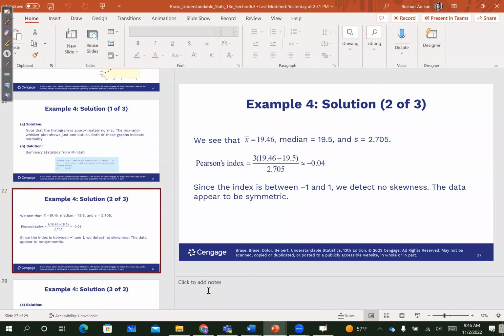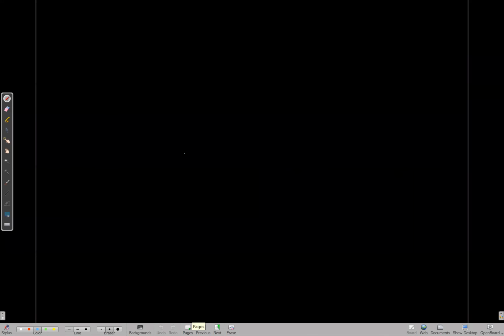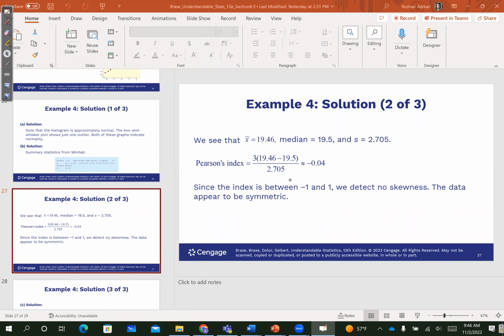Yeah, see, Pearson index. So that is 3. The formula for Pearson index is actually 3 times x bar minus median divided by S. So again, looking at this example would be helpful.